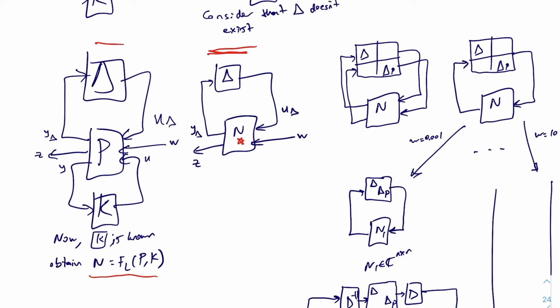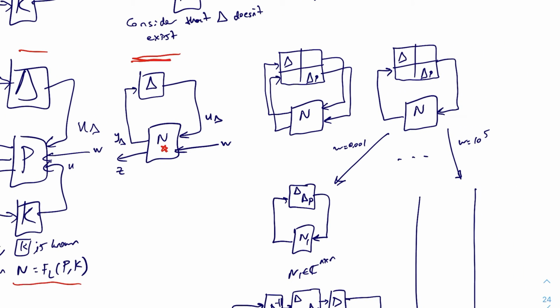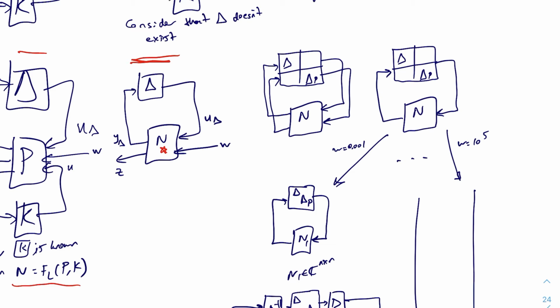So why not close the loop and represent the relationship between Z and W by using another uncertainty, such that it tries to maximize the gain from W to Z? It actually makes sense if you think about it.